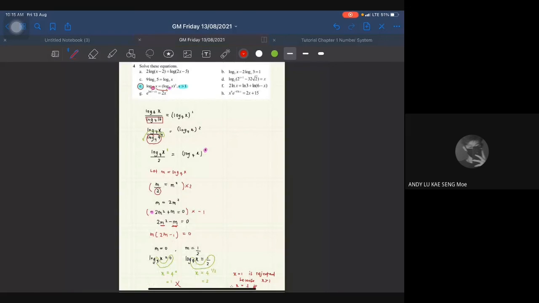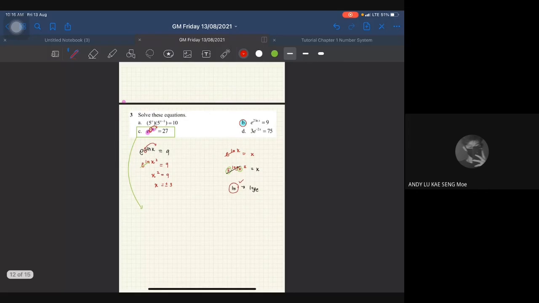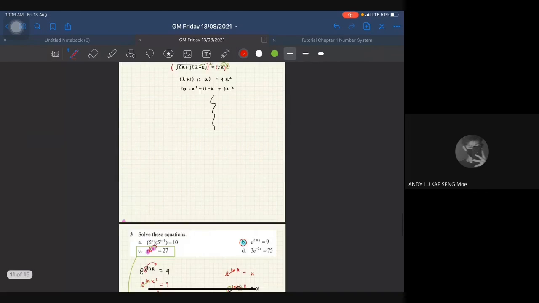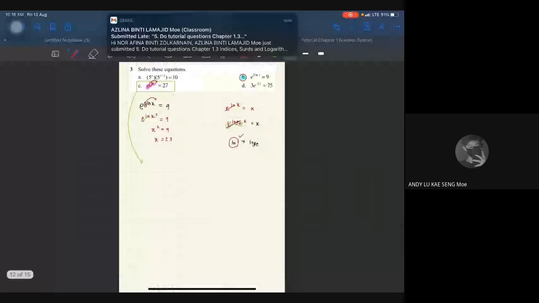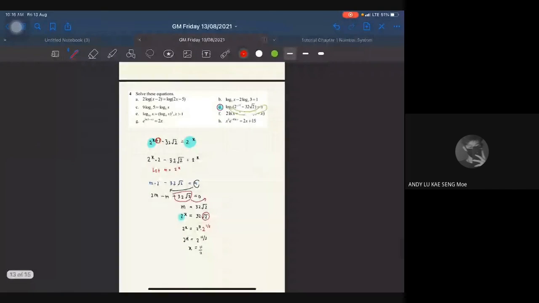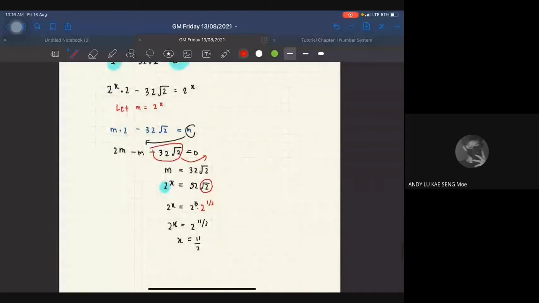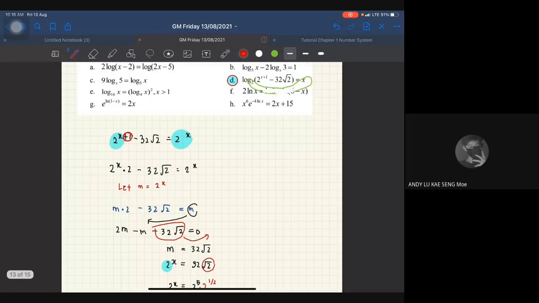Kalau yang soalan log tu mau recheck lagi ya? Ataupun tahu sudah yang bahawa kalau log tu tak boleh negatif? Okay, so untuk log, okay, contoh tadi soalan log. Okay, so let's say lah for this one kan. So awak ada x equal to 1 over 2 dan dia adalah log question.